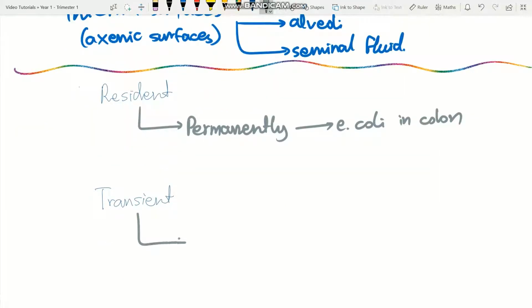Transient microbiota, on the other hand, are present only for a very short amount of time, if they have a particular purpose, for example. These can include some streptococci, or even diphtheroids.